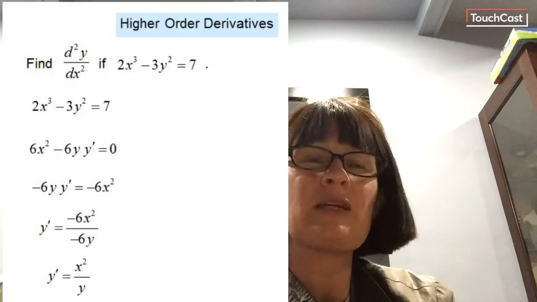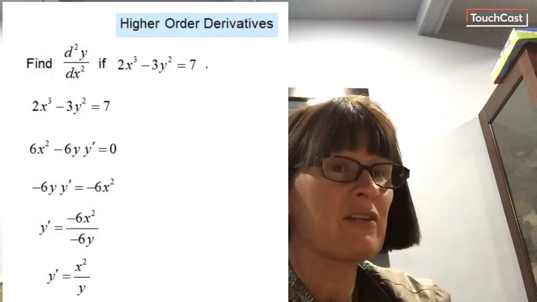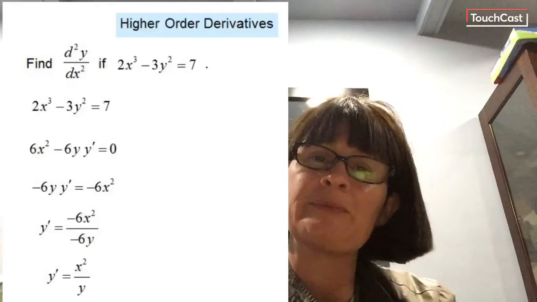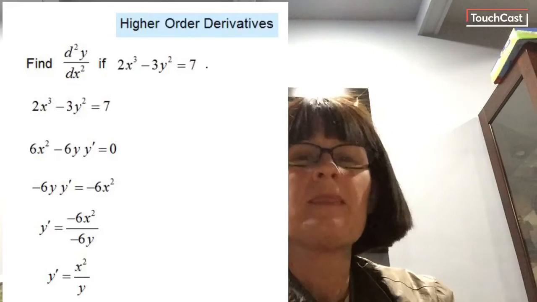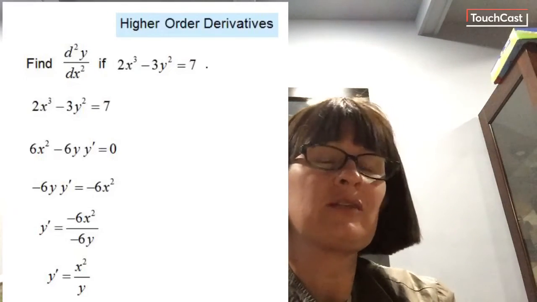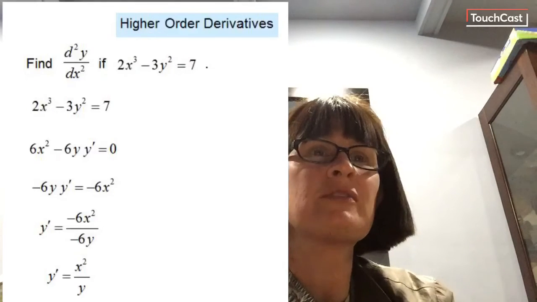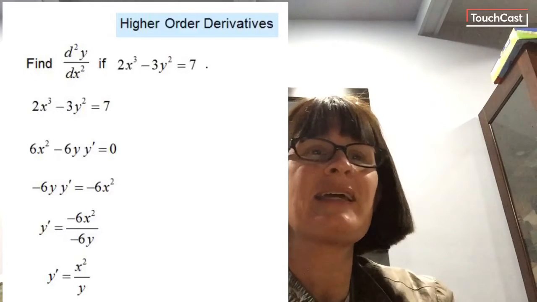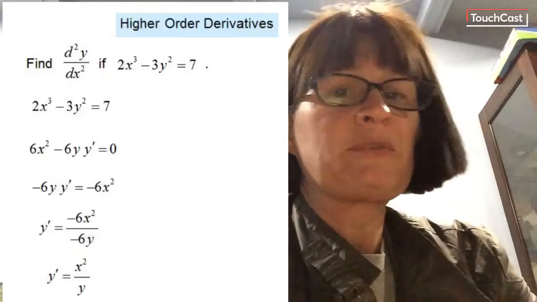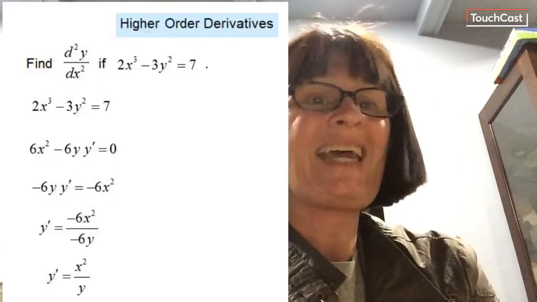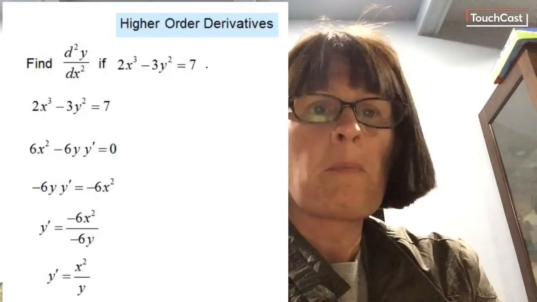And on the other side of the equal sign, I've taken the derivative of 7 with respect to x, and that's 0. So I'm going to try to isolate y prime. I'm going to subtract 6x squared to the other side and divide both sides by negative 6y. So I can simplify. I'm going to find y prime is x squared over y in this case.